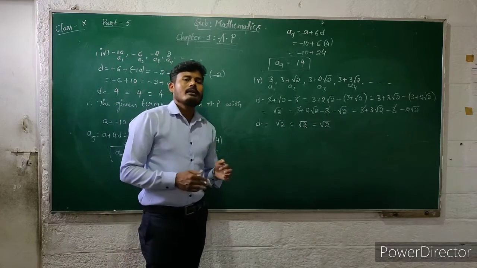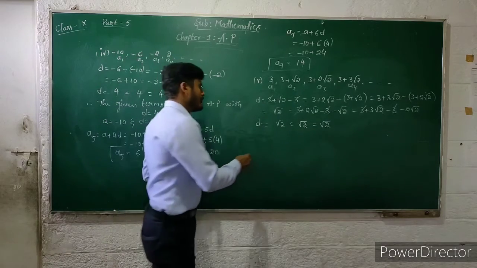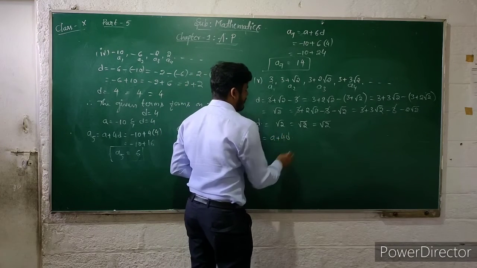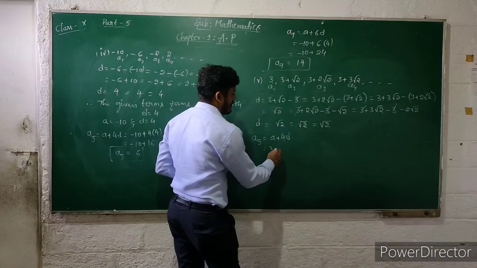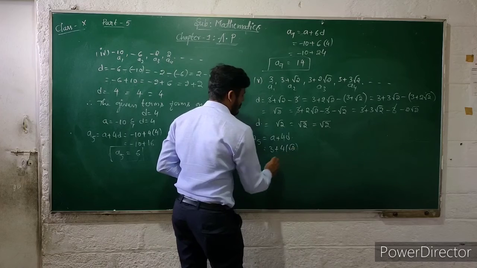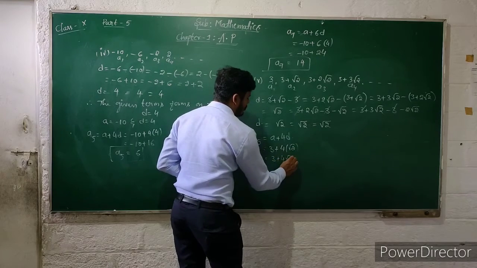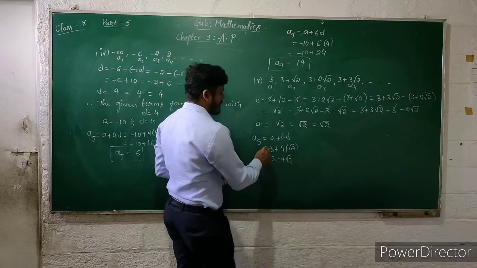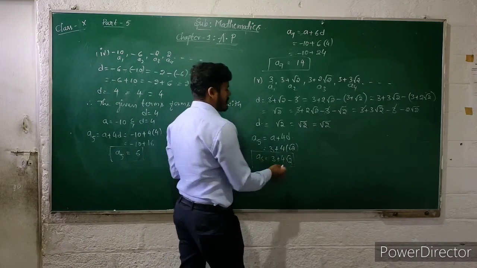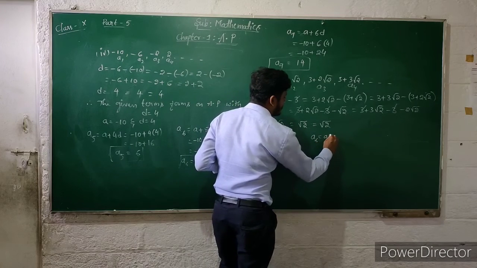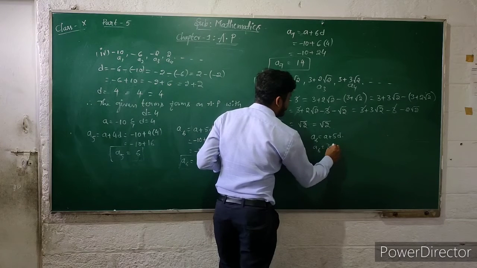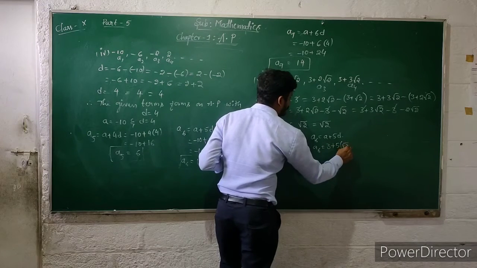So then you should find out the remaining 3 terms. The remaining 3 terms are A5, A plus 4D. So A is 3 plus 4 of D, which is root 2. This is equal to 3 plus 4 root 2. So 3 plus 4 root 2 is the 5th term. Then find out the 6th term. A6 is equal to A plus 5D, so A is 3 plus 5 of root 2.